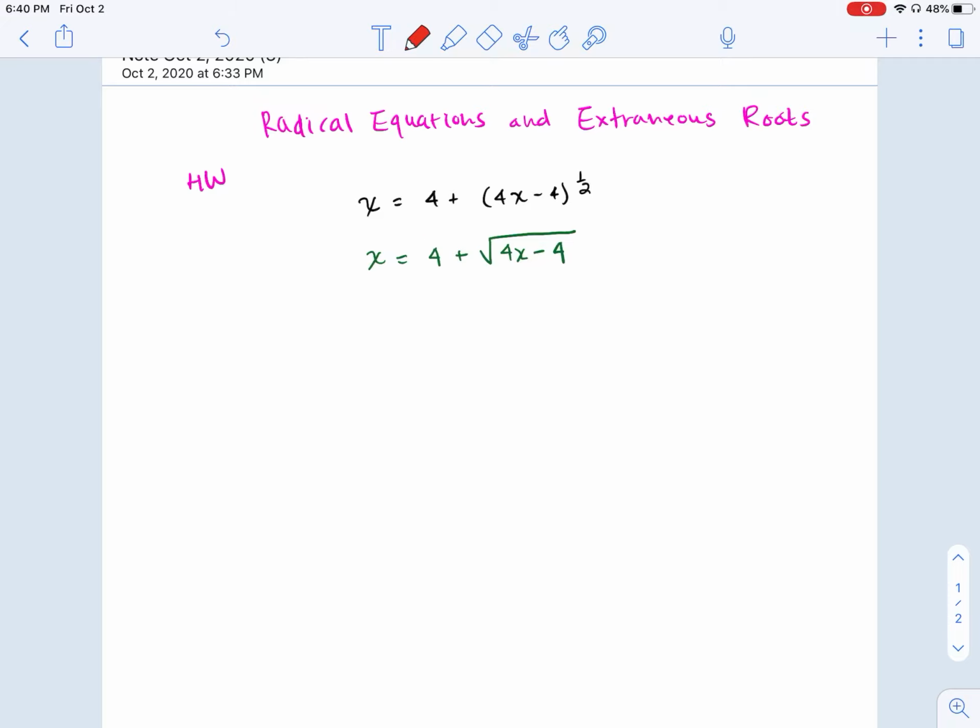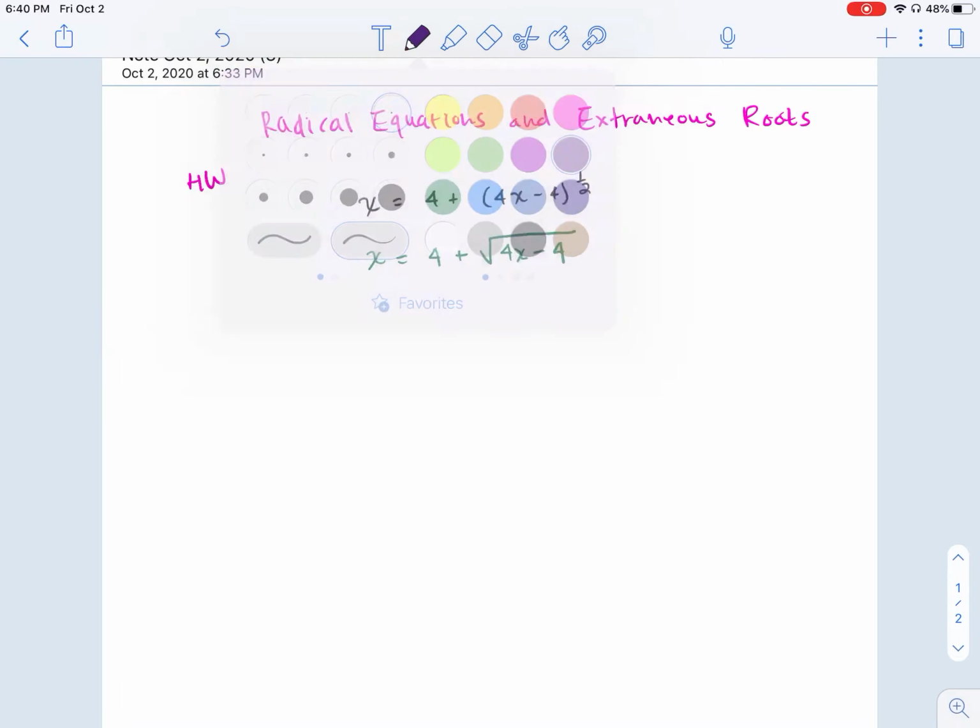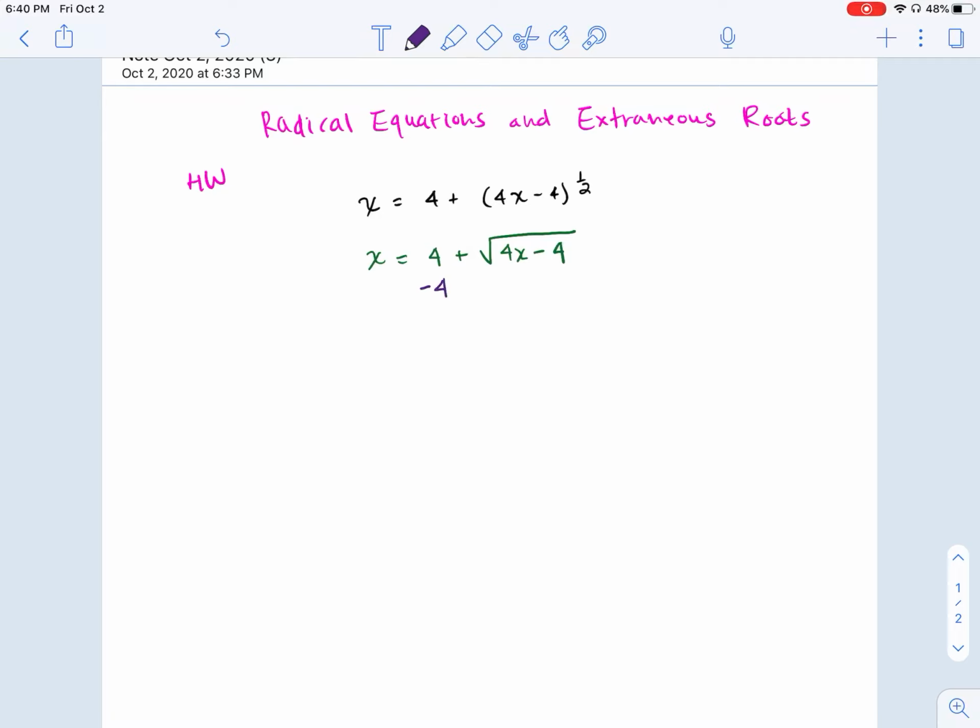So the first thing I'm going to do is subtract 4 from both sides, so that all I have on the right side is the square root of 4x minus 4. So everything is under the radical, and everything else is on the left side.